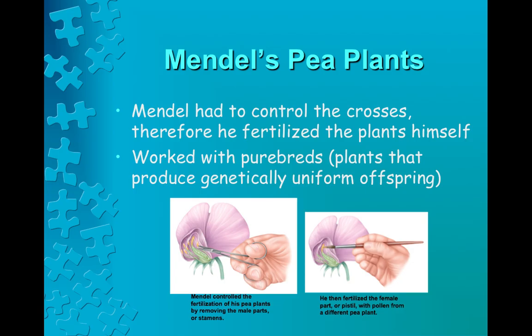He was able to take, say, the stamens off of a purple flower, use a little paintbrush, dab it, and pick up some pollen, kind of like a honeybee does, and then take it to another plant and fertilize it. He'll touch that pistil with that paintbrush that now has some pollen on it, and it will fertilize.